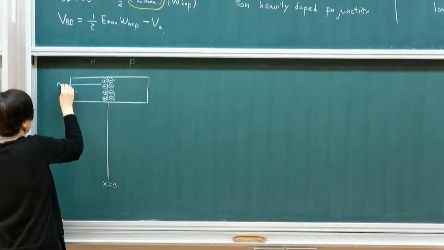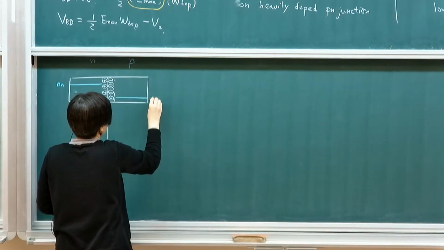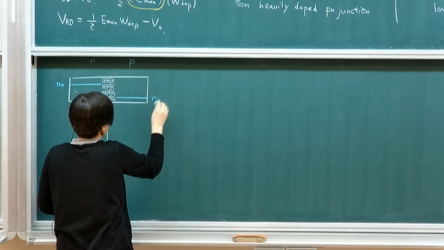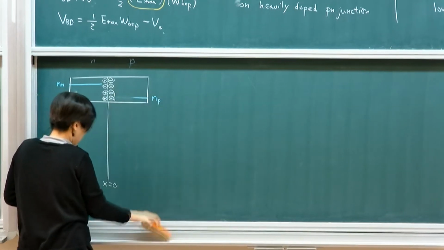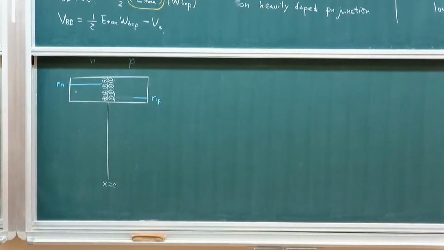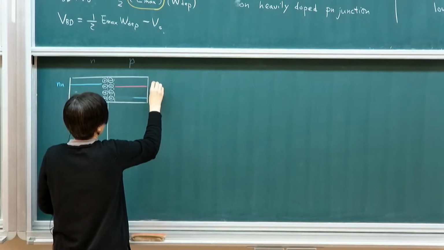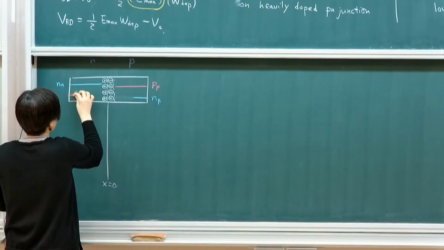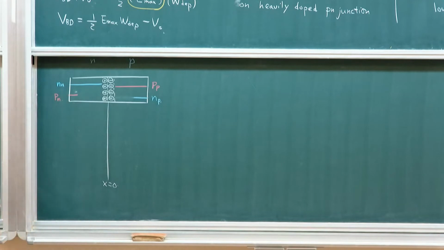This is NN, and this is NP. And then on the P side, I would have PP. On this side, there will be PN.